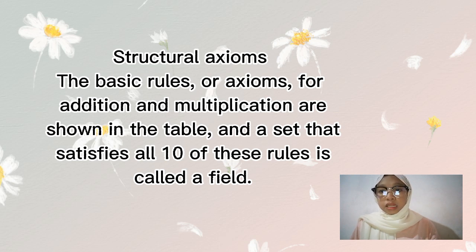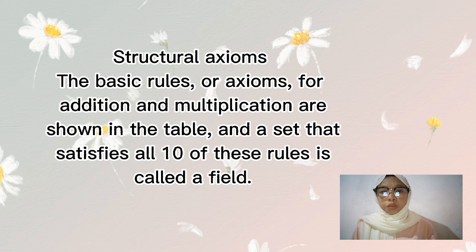A set that satisfies only axioms 1 through 7 is called a ring. If it also satisfies axiom 9, it is called a ring with unity. A ring satisfying the commutative law of multiplication, or axiom 8, is known as a commutative ring.